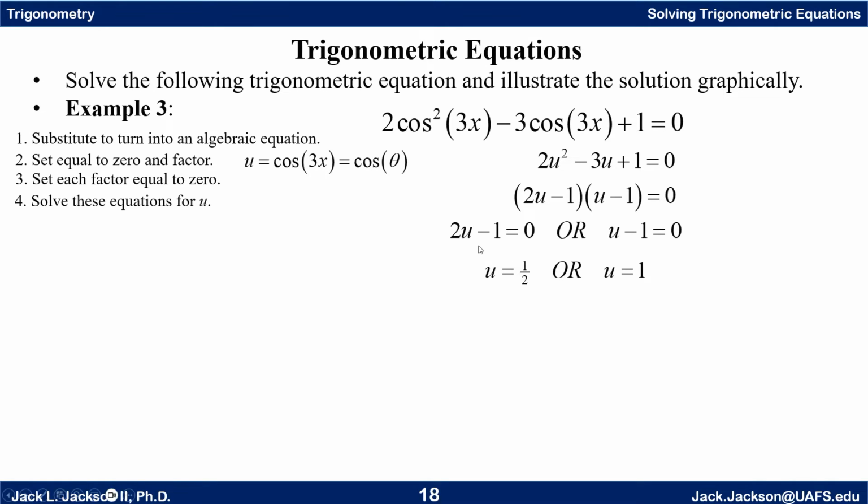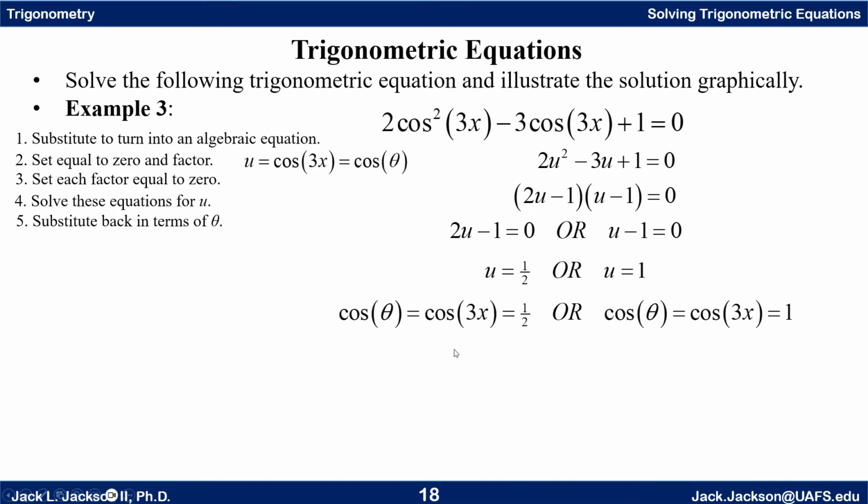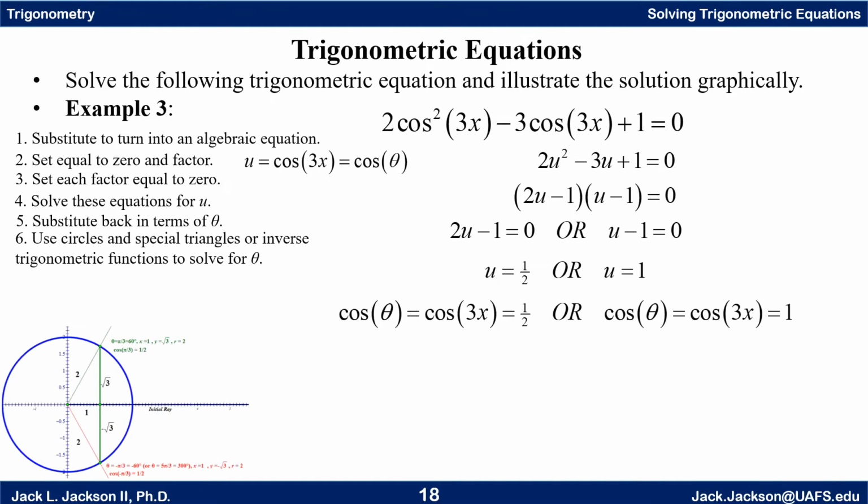u is 1/2, and adding 1 here, u is 1. But u is cosine theta, so cosine theta is 1/2, or cosine theta is 1. Now we need to look back and see if we can find exact values for these by using our circle pictures. So let's look here.